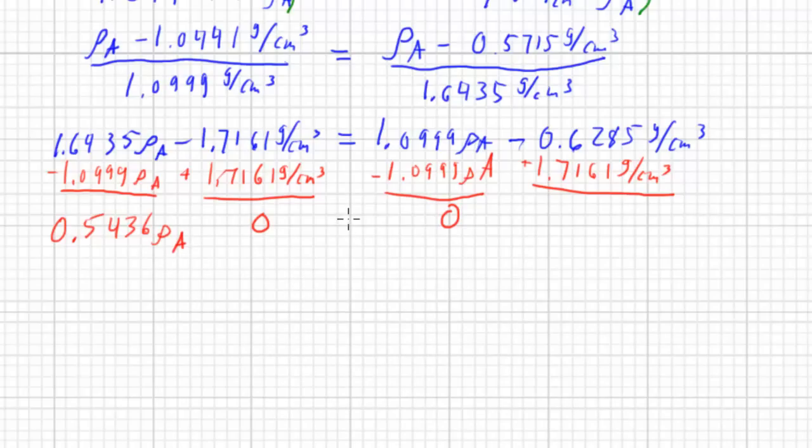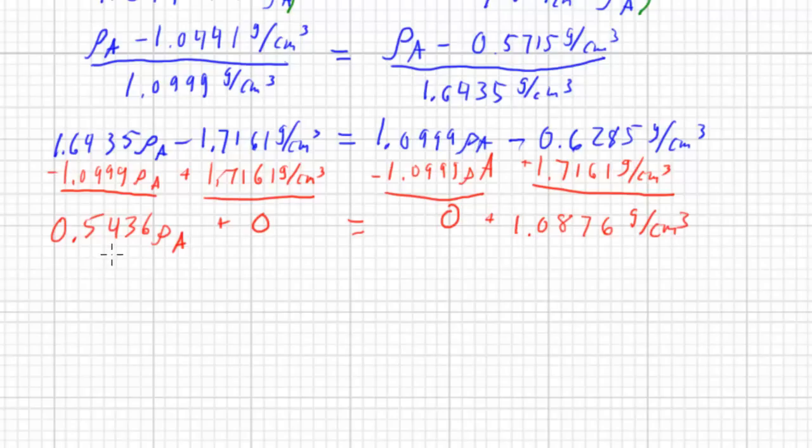That ends up equaling 1.0876 grams per cubic centimeter.